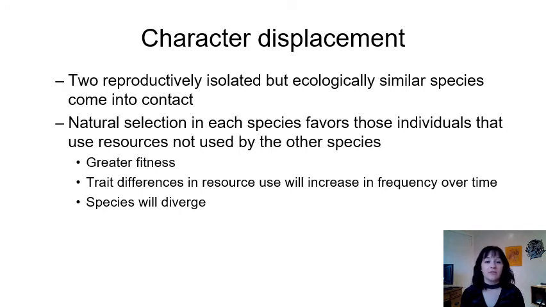Eventually, if one species acquires a trait where it has a slightly bigger beak and it can eat slightly bigger bugs, now it has a slightly greater fitness, an advantage. And that's going to be selected for, and that species of bird's beak is going to get larger and larger over time. And that promotes even more divergence between those two species.